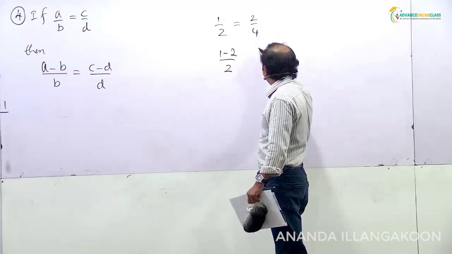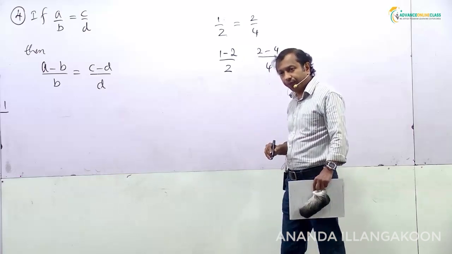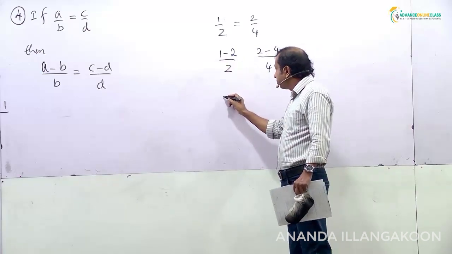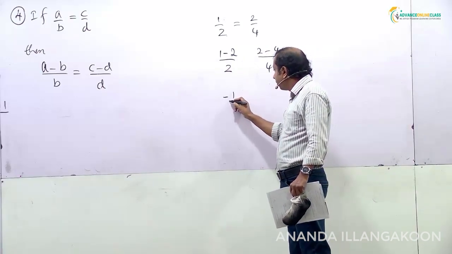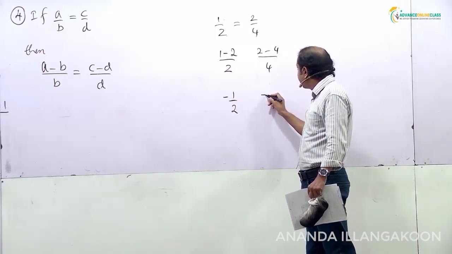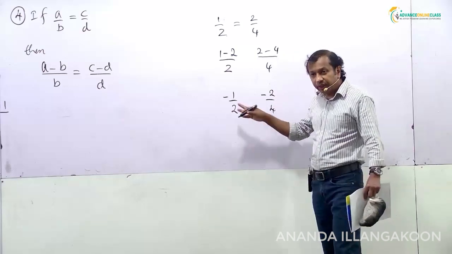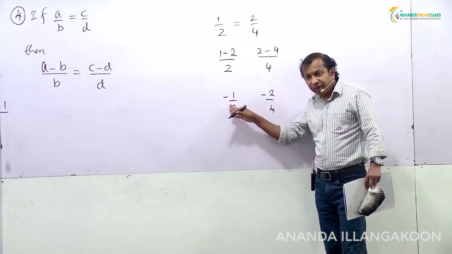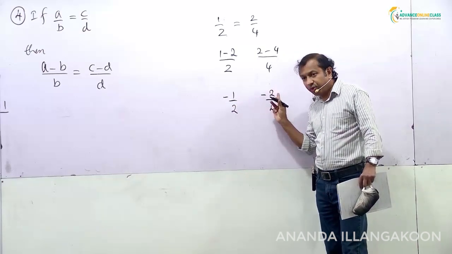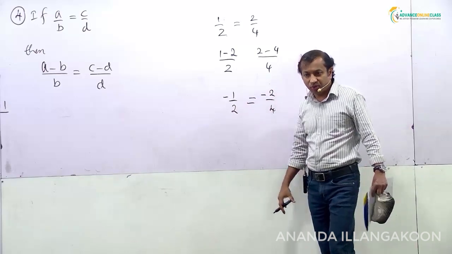Take this 4: 2 minus 4 divided by 4. 1 minus 2 is minus 1 divided by 2. Here, 2 minus 4 is minus 2 divided by 4. Are they equal? Minus half. Minus 2 by 4 is again minus half, no? These are equal. This is the next property.